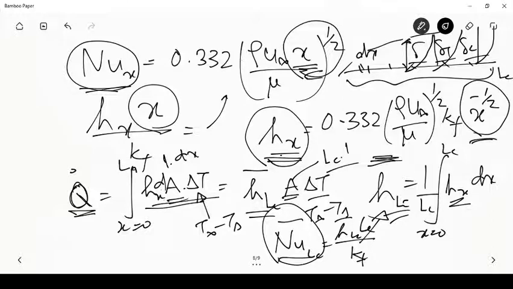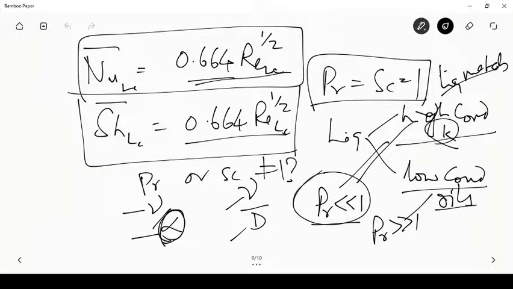So there is a single thickness of the boundary layer. There is no difference between the boundary layer thickness delta for velocity, delta T for temperature, or delta C for concentration. But in the case of non-unit Prandtl number, that is when I have Prandtl number much less than 1, in liquid metals, what happens? The diffusivity alpha of heat is much higher than that of nu, and therefore the thermal boundary layer will be much thicker because the heat is able to penetrate much further as compared to momentum into the medium, and therefore delta T will be much greater than delta when Prandtl number is much less than 1.